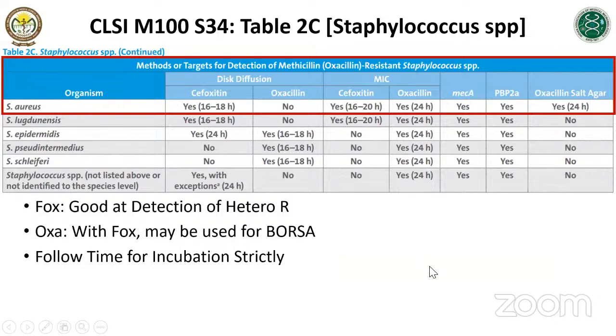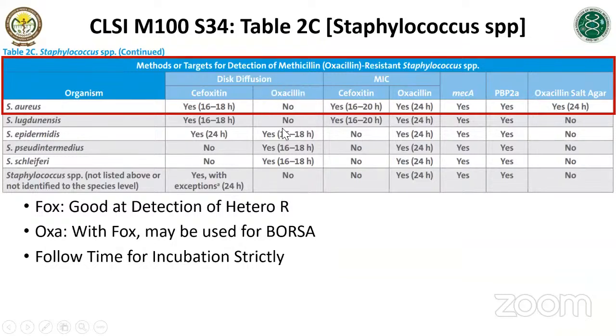So if you see Table 2C of Staph aureus, the methods or targets for detection of methicillin resistant Staph aureus. They're doing the cefoxitin disc, for which the time of incubation is 16 to 18 hours. Now, oxacillin is not used in the disc diffusion. Because of this reason only, this is not used.